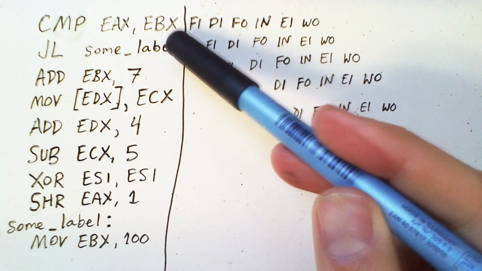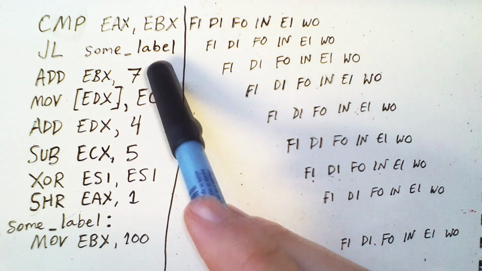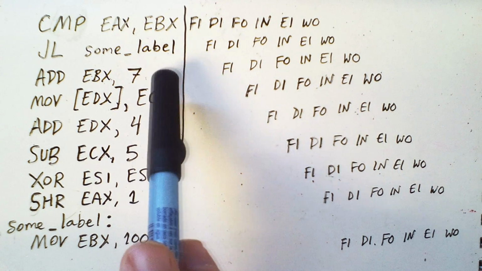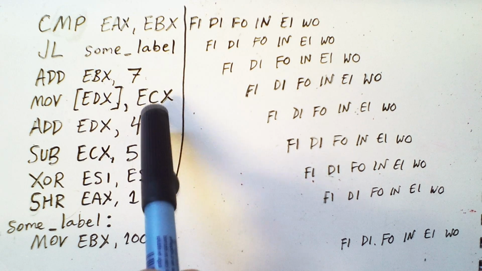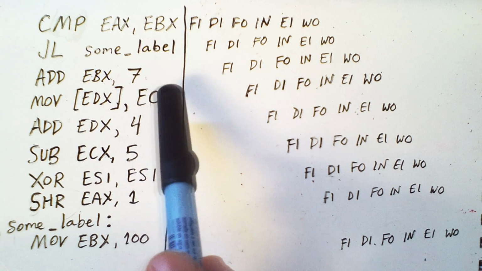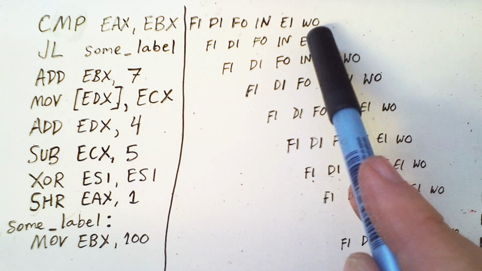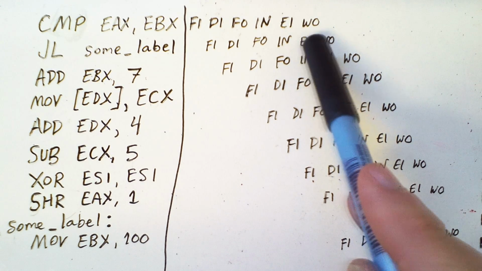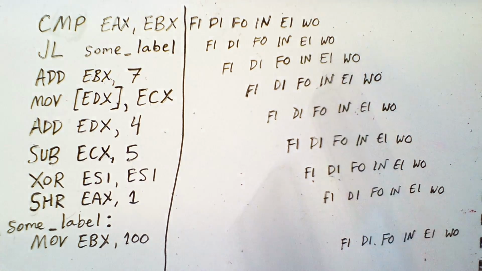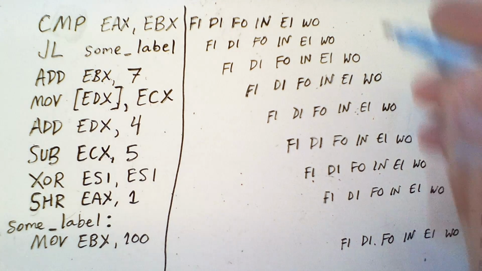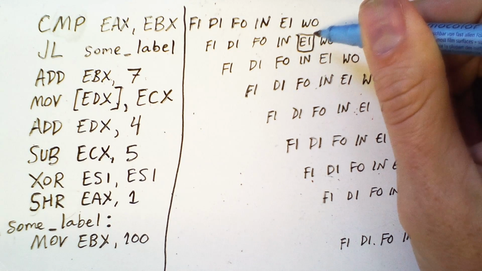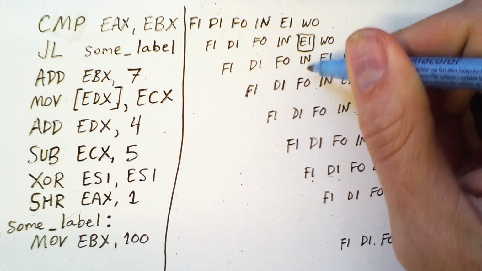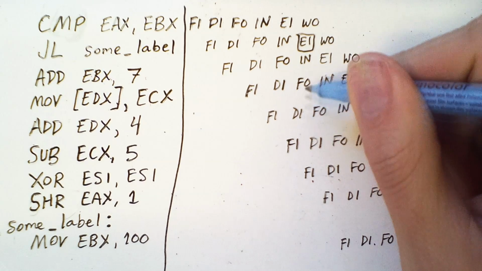And if this jump doesn't happen, then this pipeline is good because we have already started executing parts of these instructions that happen after the jump. And so by the time we know the jump happens, which is when the EI or execute instruction phase happens, so this is when we know whether the jump has happened, we'll have already done all of this useful work.